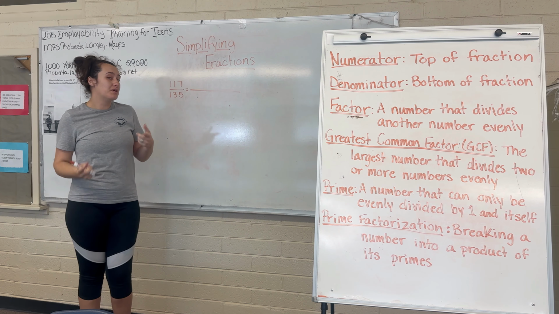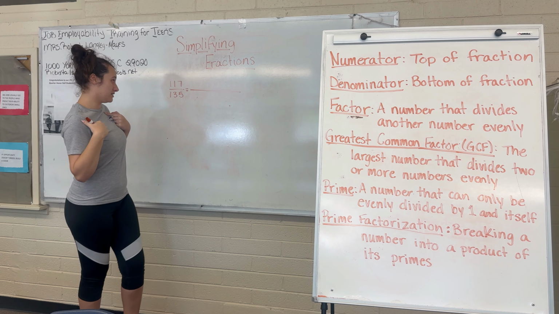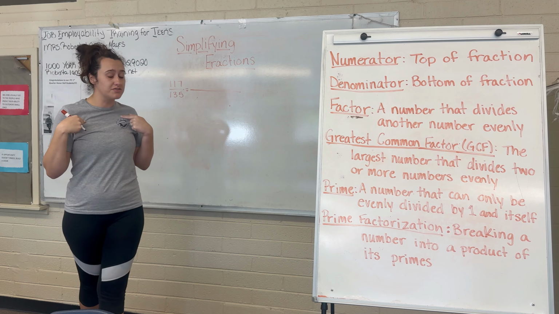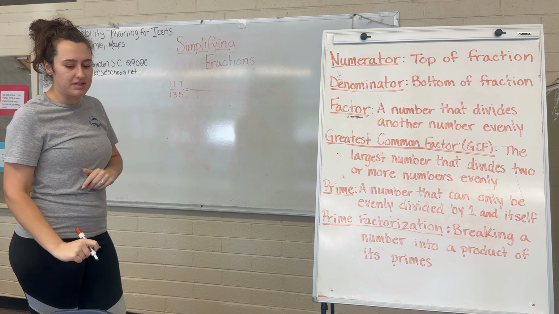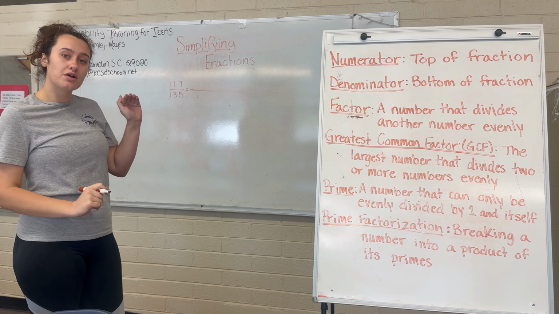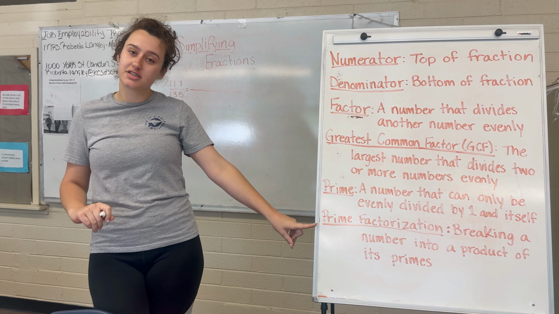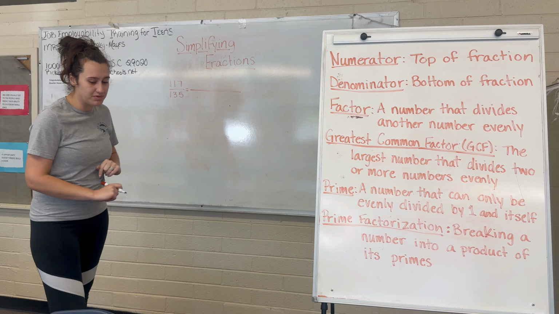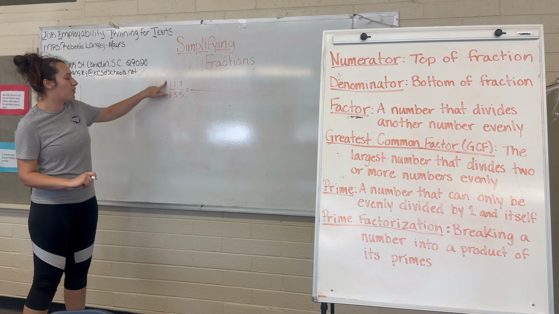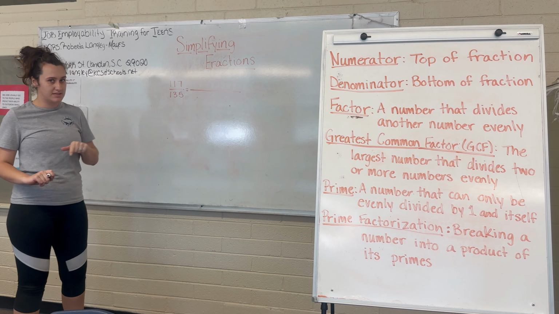I don't know about you, but I can't easily decide exactly what the greatest common factor of this is or how to easily split them up. So let's start with our numerator and do our prime factorization to figure out all the primes that we can multiply up to get 117.